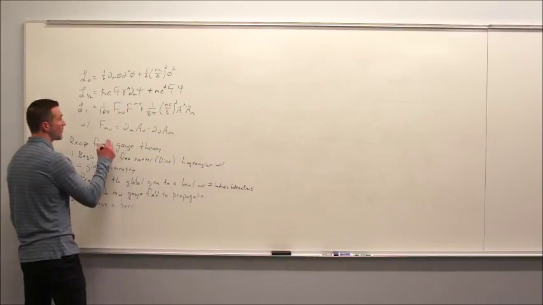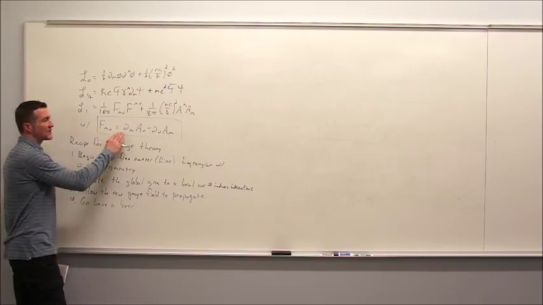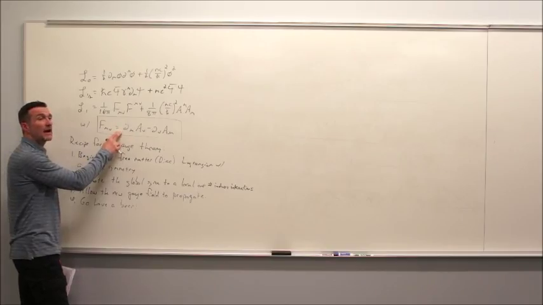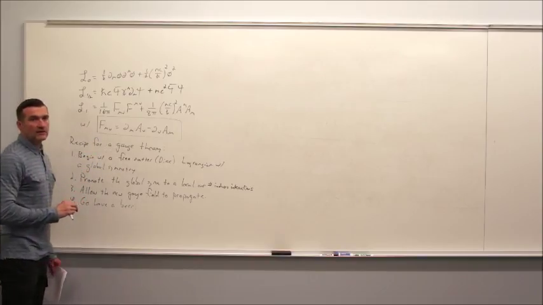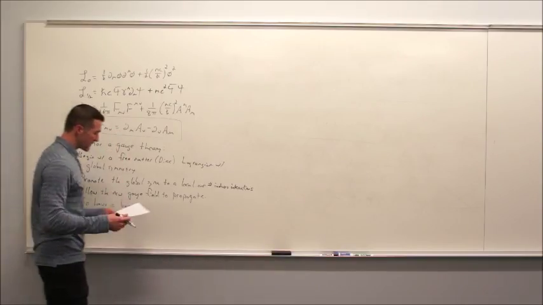In particular, what we're going to discover is that this term, which is gauge invariant for the Abelian case we just did, is not gauge invariant for non-Abelian cases, which we're going to study next time. So what I just want to give you right now is a preview of how you would generalize this to an arbitrary transformation, and we'll see that it reduces to this.